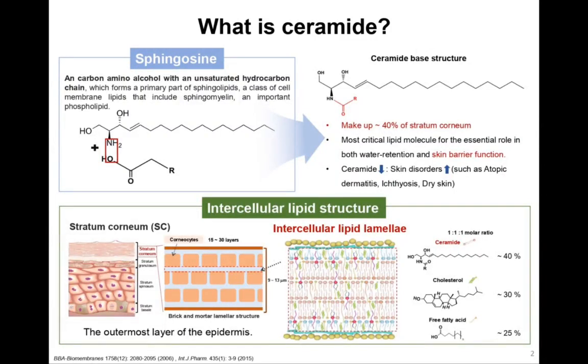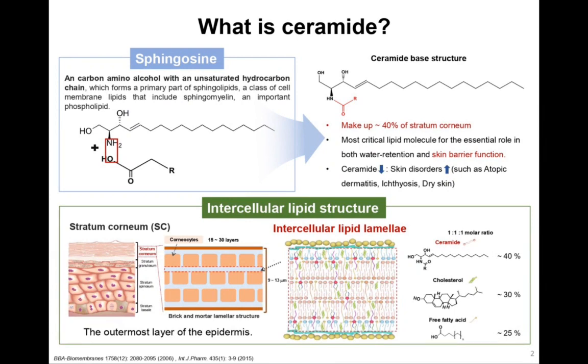The only continuous structure, intercellular lipid lamellae, serves as the primary pathway for the diffusion of substances into the body, and it is most important for the skin barrier function. Intercellular lipid lamellae comprise ceramide, cholesterol, and free fatty acid in an approximately equal molar ratio.